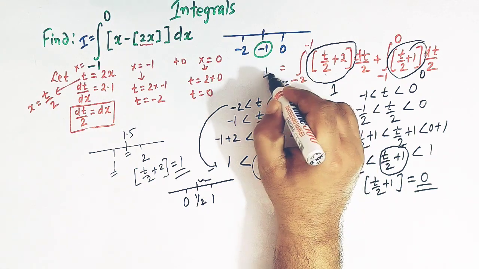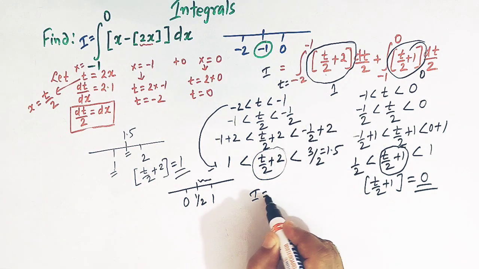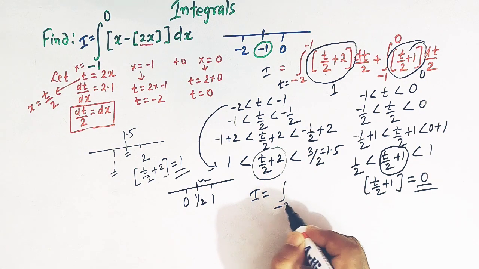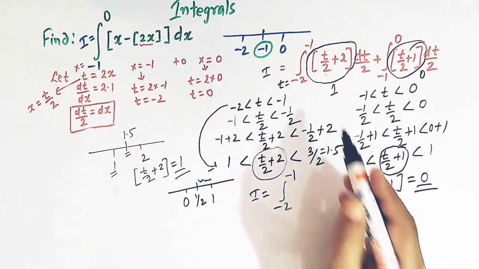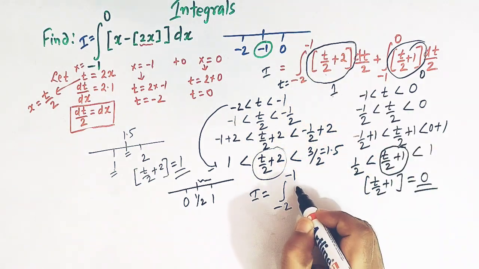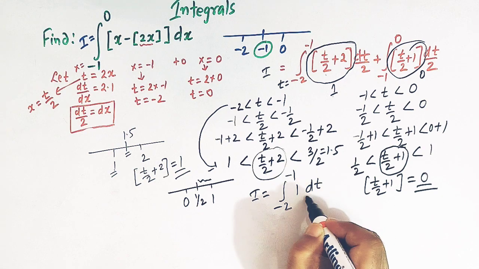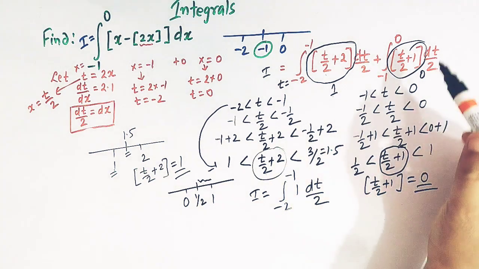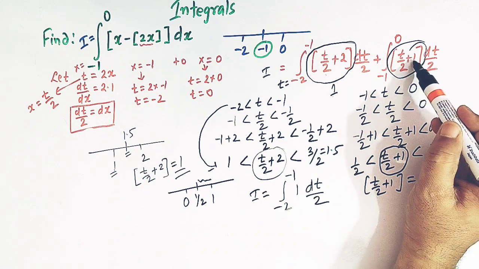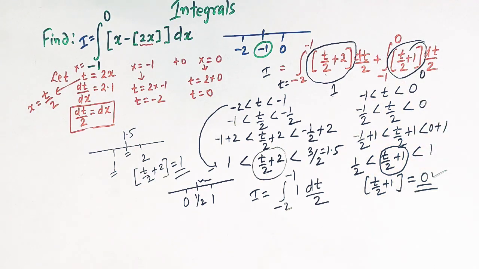So now we are left with only this integral. So we have minus 2 to minus 1, and the greatest integer of t over 2 plus 2 is 1. So here we have 1 dt over 2. And the value of the other integral is 0, because the greatest integer of t over 2 plus 1 is equal to 0.